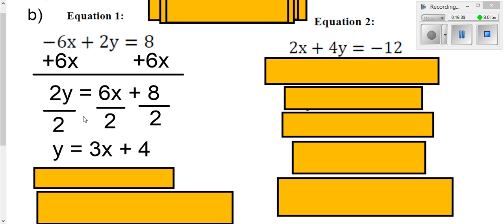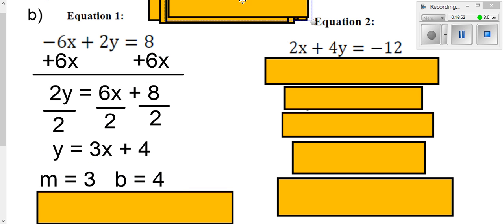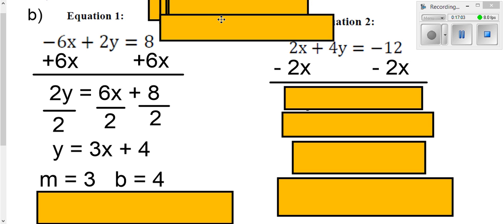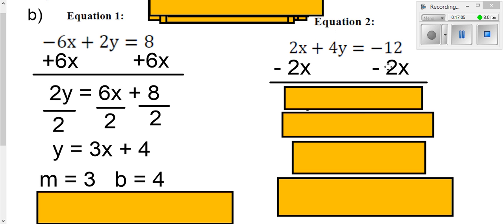And we end up with y equals, here 6x divided by 2 is 3x. 8 divided by 2 is 4. And so we can see the slope and y-intercept now. The slope is 3 and the y-intercept b is 4. Our second line over here, let's solve it and get rid of those two x's first with minus 2x.